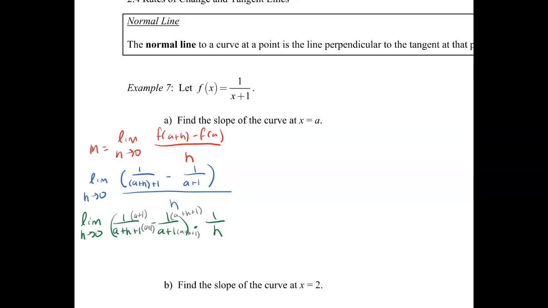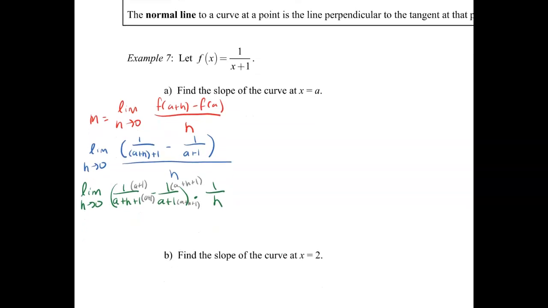Alright, so, cleaning this up. It's gotta get uglier before it gets prettier.